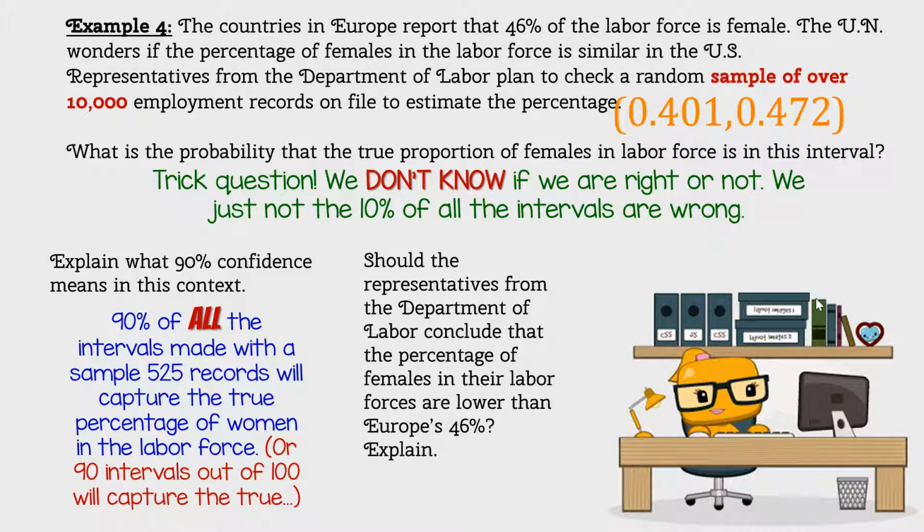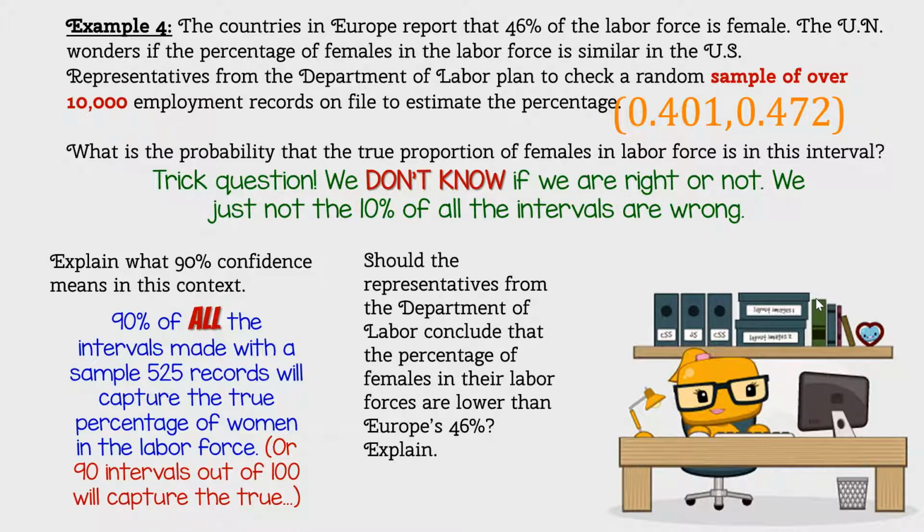And again, should the labor force conclude that the percentage is actually lower than Europe's, which is at 46%? Well, I see 40% in my interval. So yeah, I can conclude that. Oh, no, no. Tap those brakes. Because notice 47% is also in the interval. And intervals are giving you all the possible values that it could be.